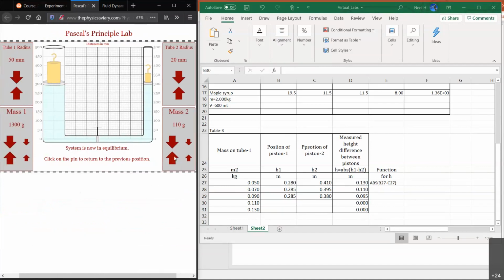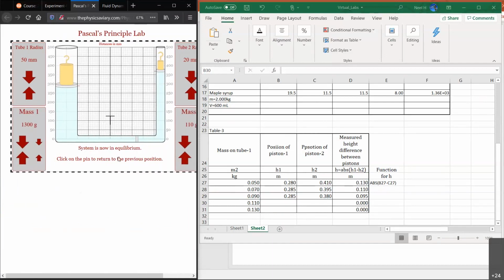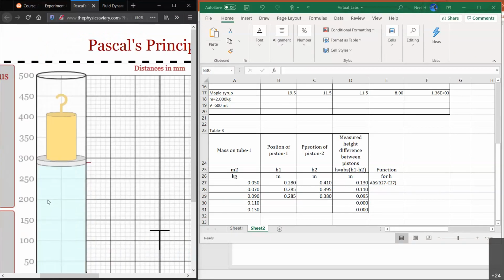Okay, then click the up arrow button once, 110, make it move. Wait until it reaches equilibrium. Make sure this sentence shows you the equilibrium condition. Then read the numbers again. This side is close to 290, so I can leave it like that. 0.290.